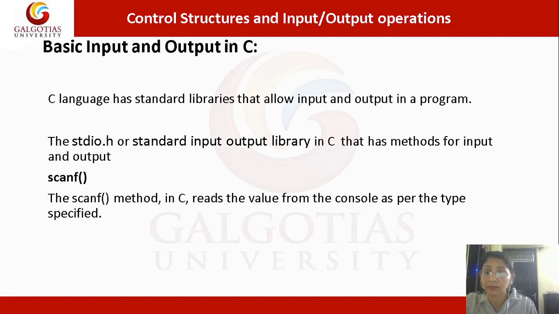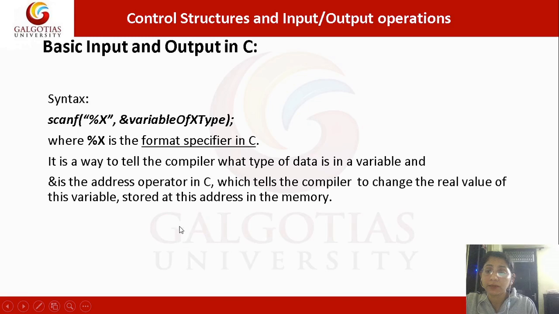Already you have seen them in your examples also. The scanf method in C reads the value from the console as per the type specified. For example, when you are writing scanf, as we had discussed in previous classes also, we need two pieces of information for the scanf function. One is the format specifier, such as percentage d, then the variable of the particular type, whichever type you use.